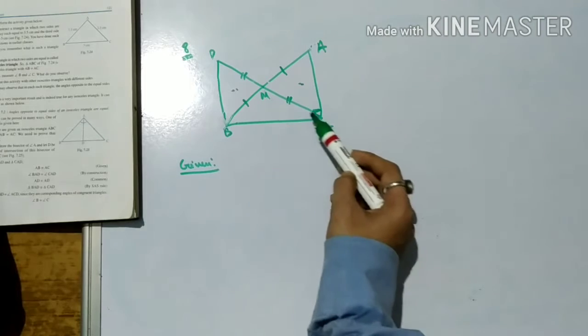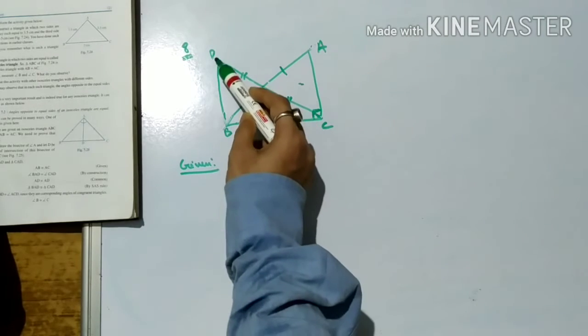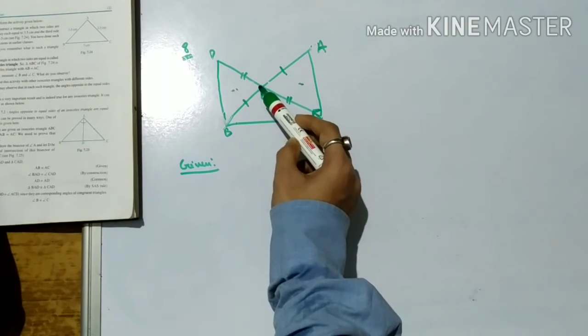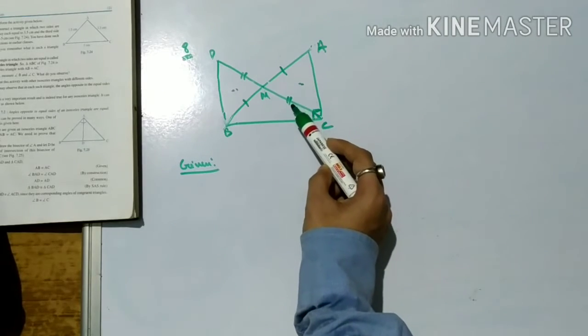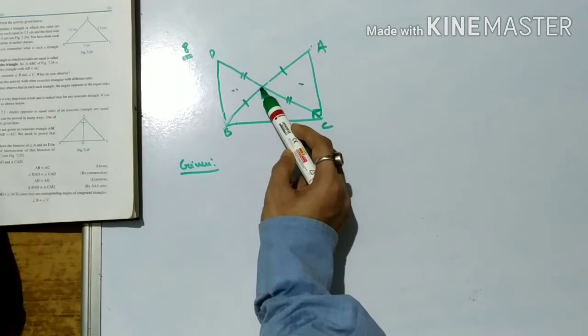And then C is joined to M and produced to point D, such that DM is equal to CM. This DM is equal to CM, given.